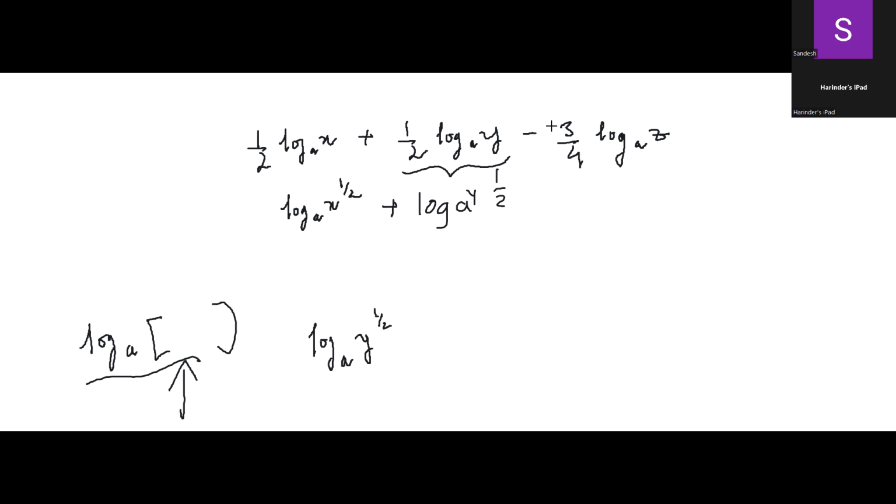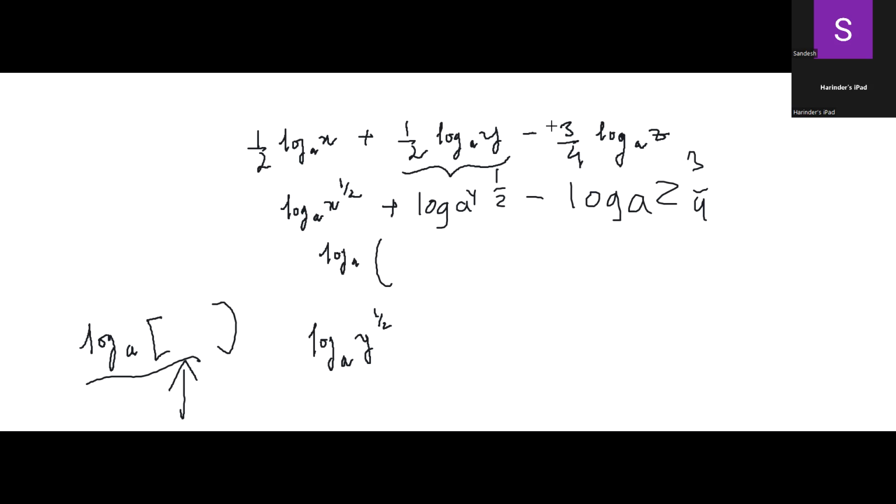What about the last one? It's the same idea. You just throw the coefficient back as the exponent. What does that become? Okay. Now notice the first two, we are multiplying them, right?